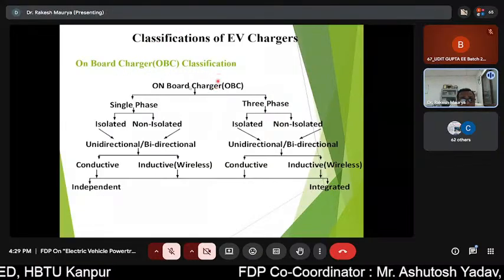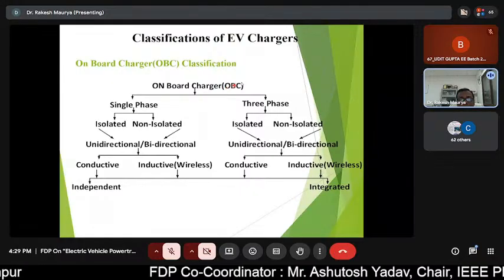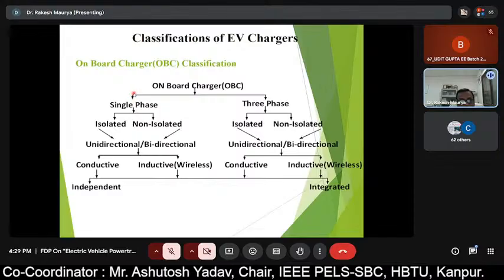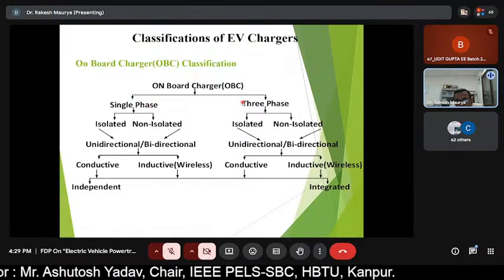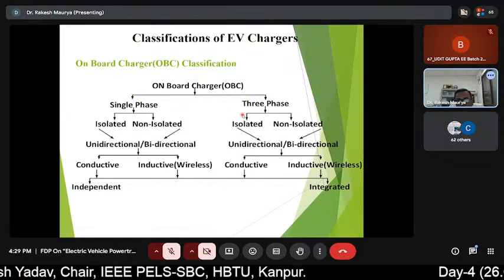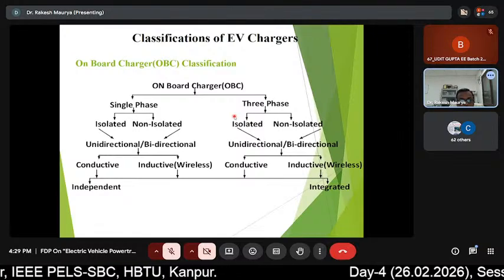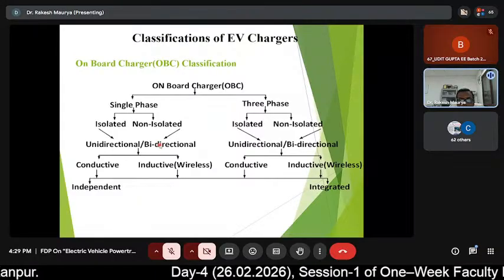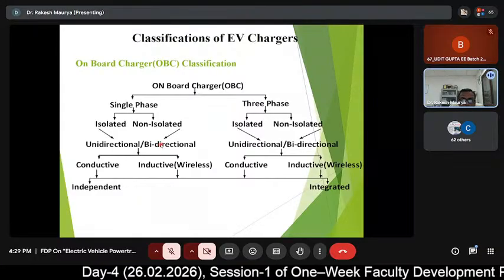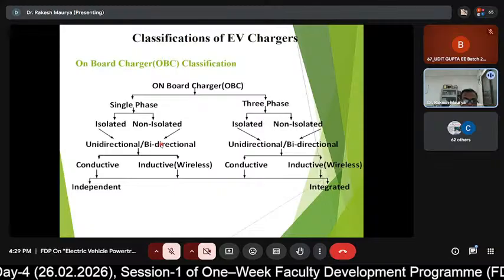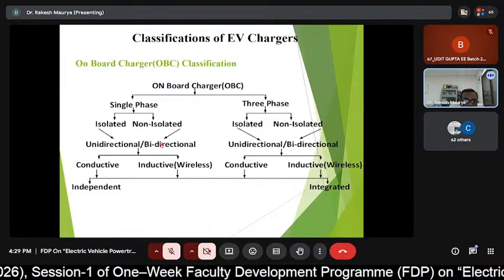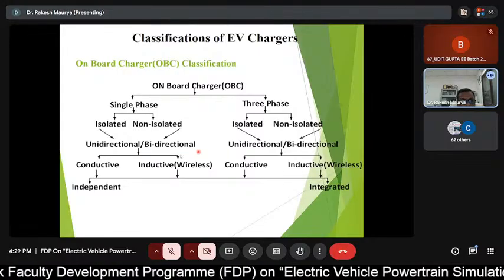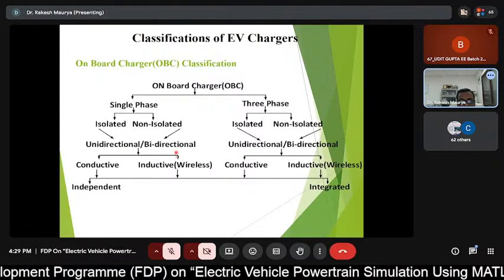Now coming to the classifications, depending upon the power level, onboard chargers are classified as single phase and three phase. Then you need to consider isolated or non-isolated, depending upon the functionality. If you use G to V, V to V, or V to G, then you need bidirectional charging technology.